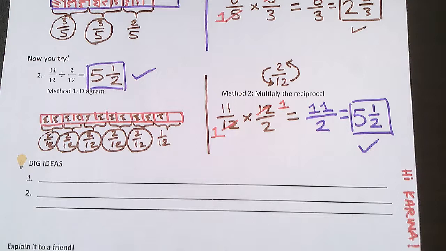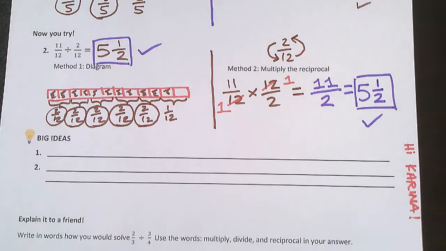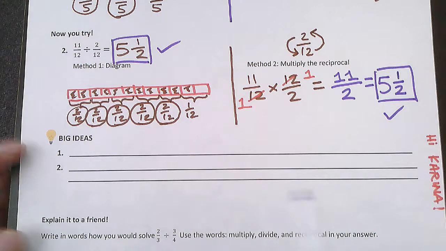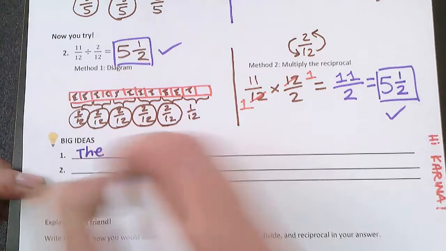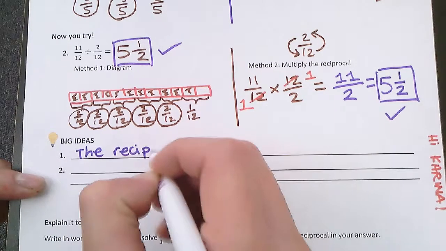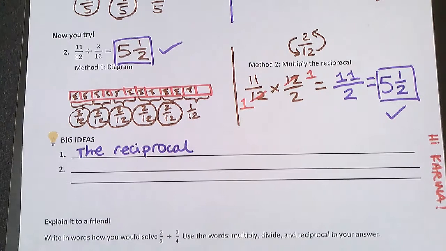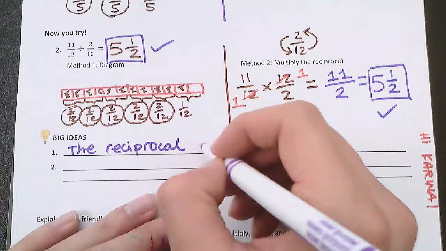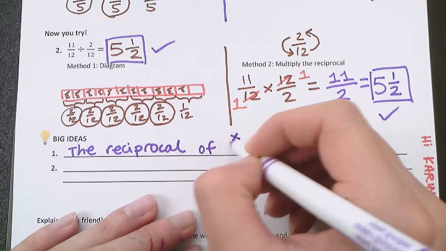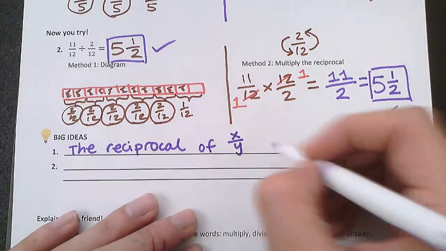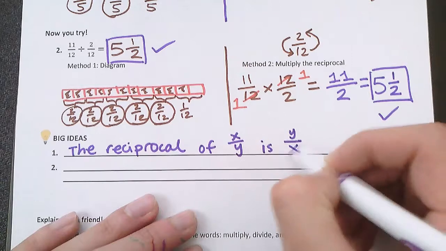And now, to put it all together, let's check out our big ideas. So the first thing that we learned today was the reciprocal. The reciprocal of a fraction like, let's say, x over y, you just switch it, is y over x.